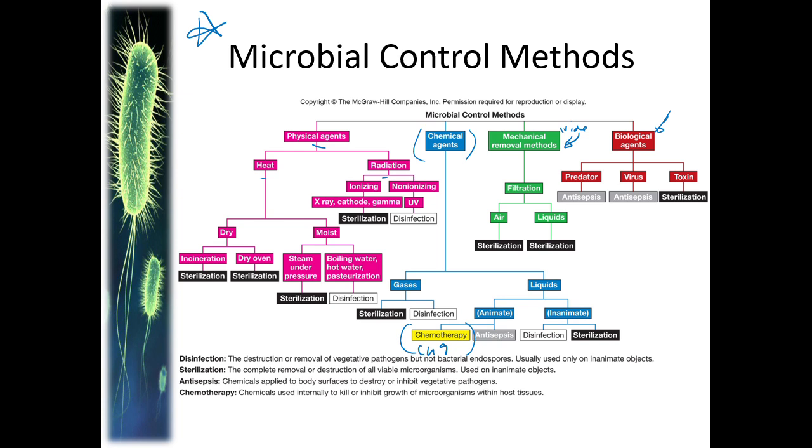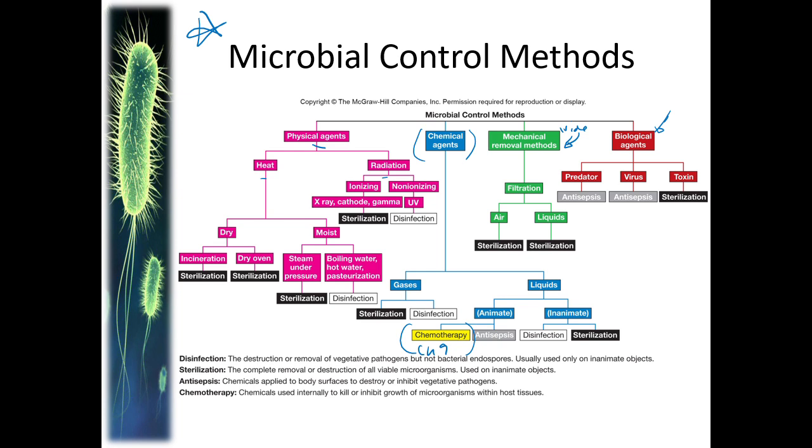Okay. Within these different methods, some of the things we're going to talk about are sterilizers. What does that mean again? Right, which makes sense. What is incineration? Fire, right? Would I ever incinerate a patient? No. So you can't do that. I also can't put you in an oven.